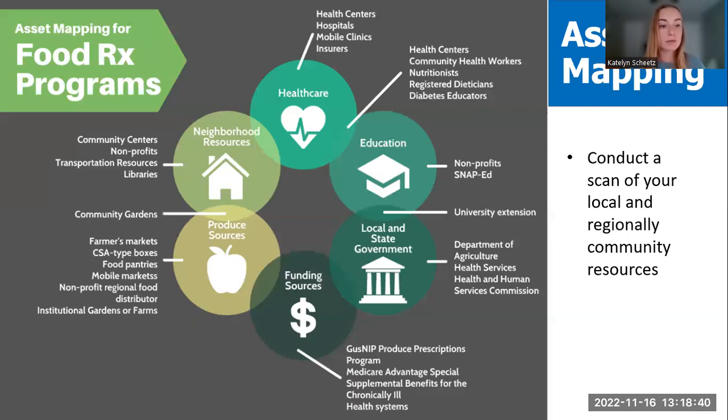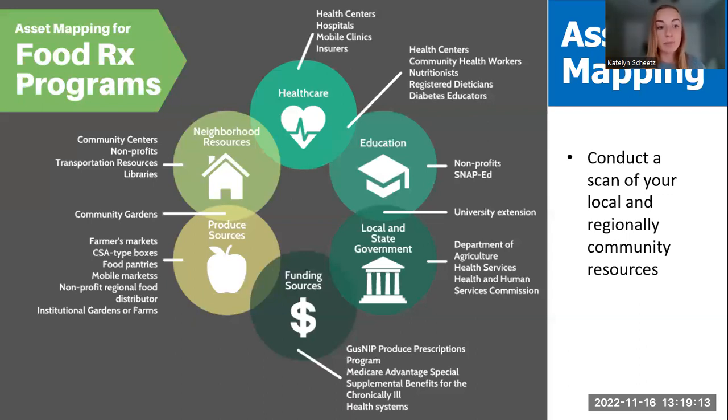So we wanted to really think outside of the box and not just rely on nonprofits who are specialized in distributing produce, but even if you don't have one of those local nonprofits, is there a food pantry? Is there a mobile market? Sometimes different colleges or companies will have on-site gardens or farms, and they're looking for a source for all this produce that they're growing.